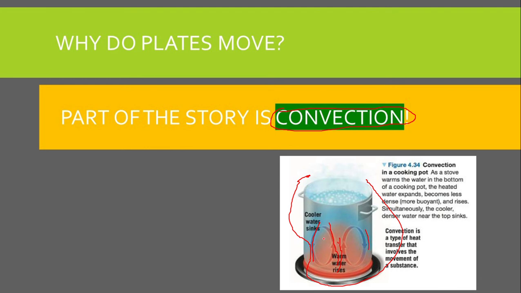Where warmer fluid rises and cooler fluid sinks, that is a broad idea of what convection is. And so one way to think about plates moving is maybe there's convection going on in the asthenosphere, and warm material is rising, and then as it spreads out and sinks, it's dragging continental plates with it. But that's actually not really the tool the book wants you to have right now.